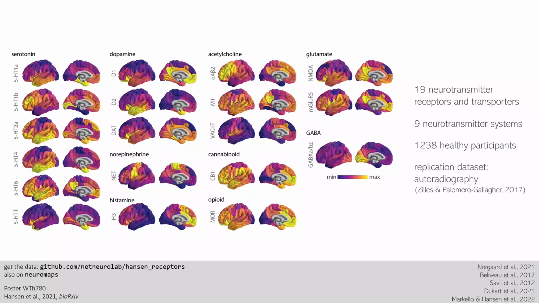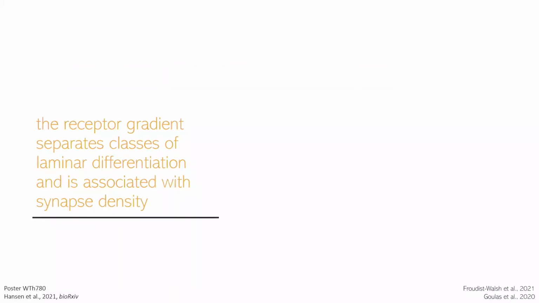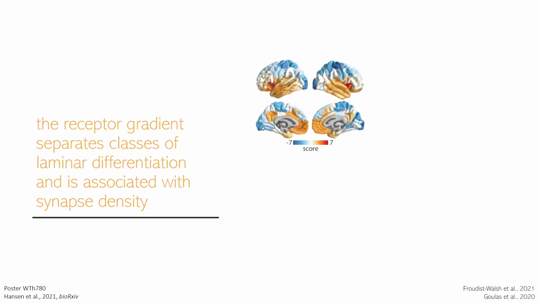When I was doing these analyses, comparing this PET atlas of receptor distributions to brain structure and function, I had this replication data set coming from Carl Willis and Nicola Palomero-Gallagher, she's sitting right there, from autoradiography binding. So the first thing that I did with this was I find that the receptor gradient separates classes of laminar differentiation and is associated with synapse density. So what do I mean by that? Here is this receptor gradient.